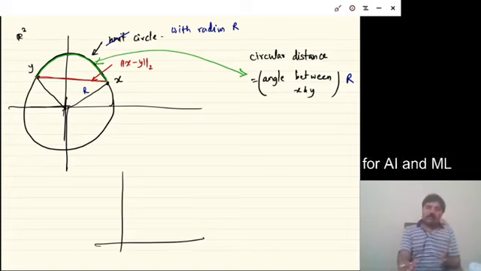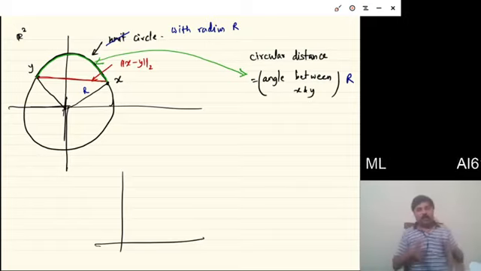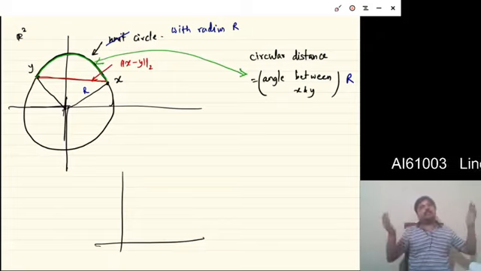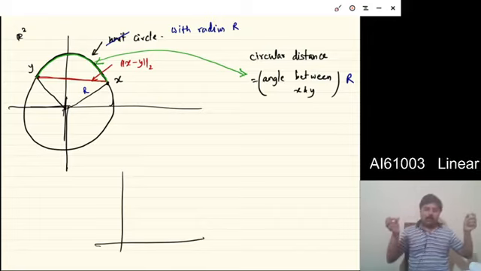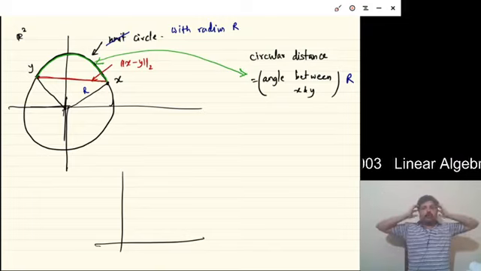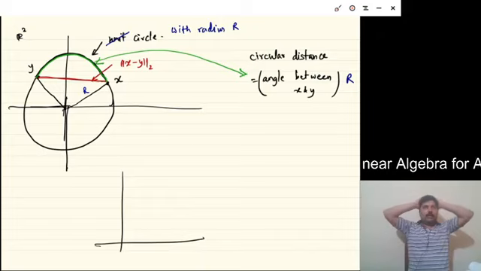That's the circular distance on a circle with radius r. And you can totally take this concept to R3, where you will be looking at a sphere with radius r, and you want to find the spherical distance, the distance on the sphere between the 2 points x and y.